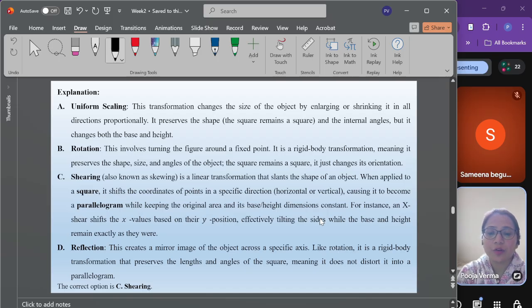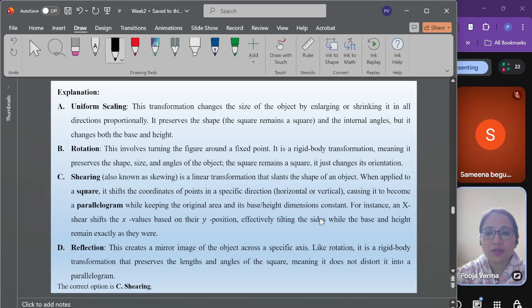So first one is uniform scaling. In uniform scaling, the transformation changes the size of the object by enlarging or shrinking it in all directions proportionally. So it preserves the shape, the square remains a square and the internal angles, but it does change both base and height, because we are scaling in both directions.